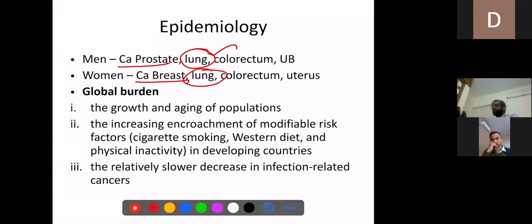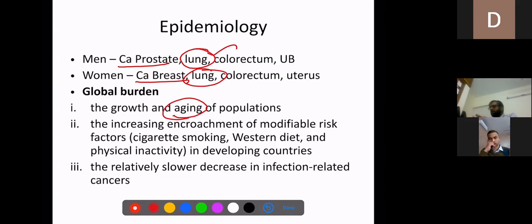Okay. So regarding the global burden, why cancer is increasing or decreasing is due to the following factors. The population seems to be aging because of good control over medical morbidities. Nowadays, people are able to live more than 65, 70 years. So with more people in the age group above 65, 70 years, and cancer being a disease of old age, the global burden of cancer is going to increase.